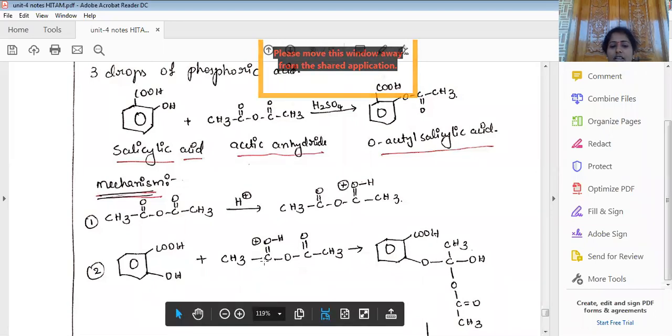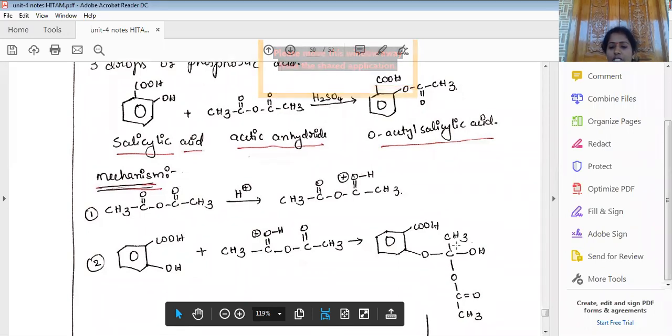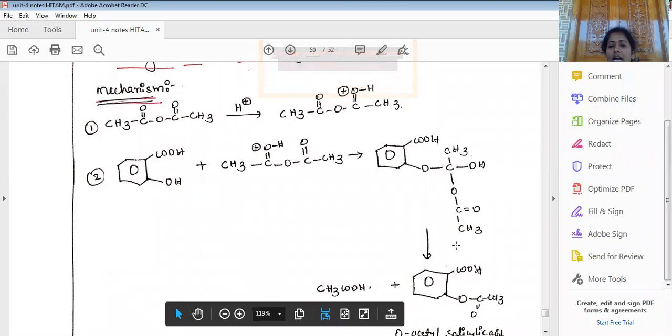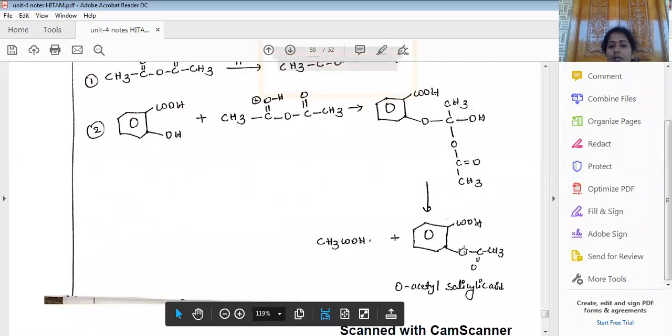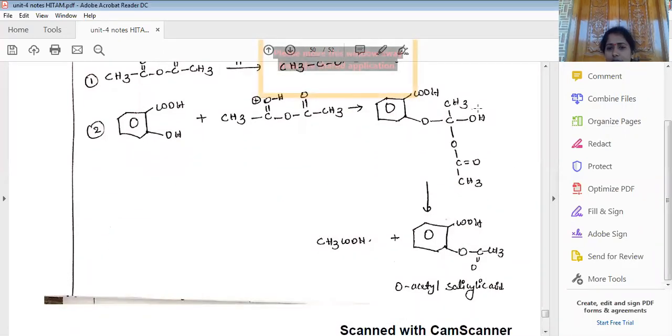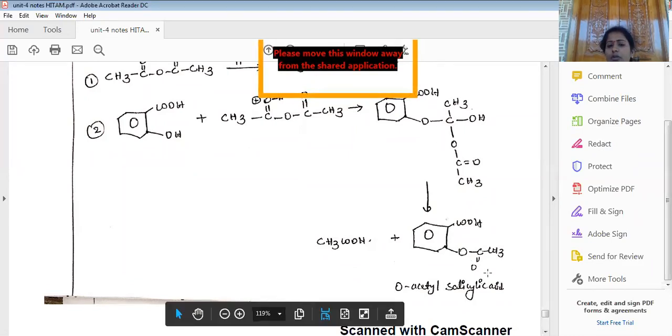These electrons attach to the carbon atom, so that carbon oxygen bond formation is possible. When the carbon oxygen bond is generated, the bond shifts towards this side, and simultaneous removal of this functional group is possible. Finally we will get O C double bond O CH3 here.